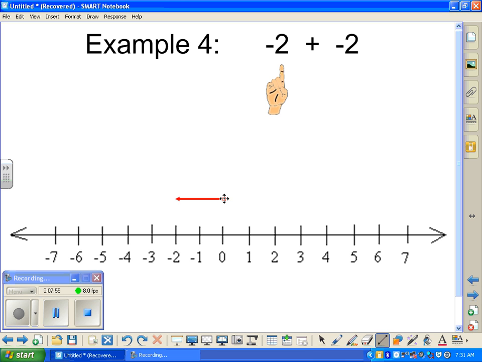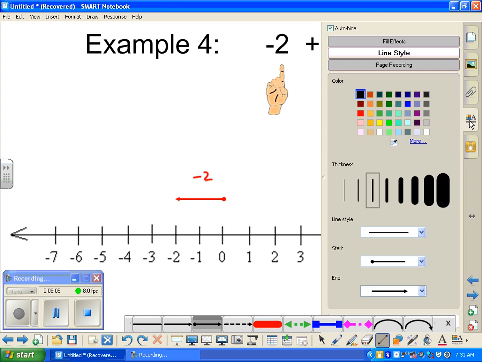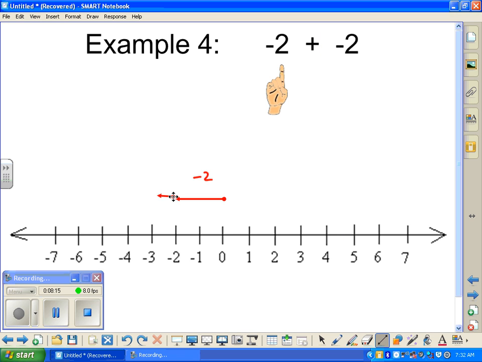So that's -2. We just went 2 steps backwards. -2. Now, we're going to do this again. And we're going to have to go another 2 steps backwards. And we're going to go from here, 1, 2.